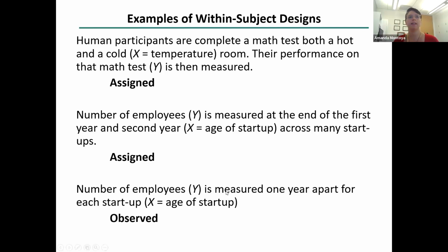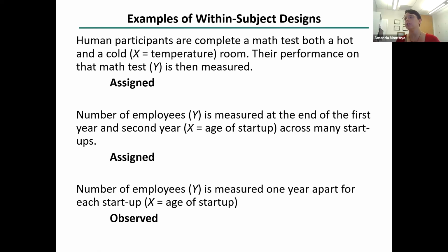Whereas if we look at the number of employees measured 1 year apart for just a number of startups, then we might have some startups that are surveyed at year 3 and year 4, some startups that are surveyed at year 1 and year 2, year 5 and year 6. So we're observing the age of the startup.